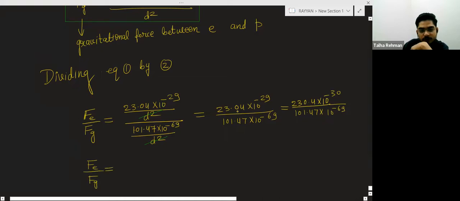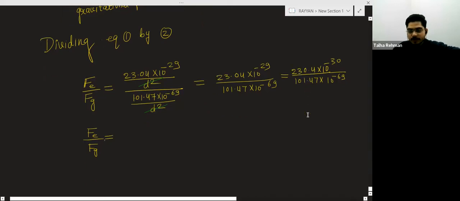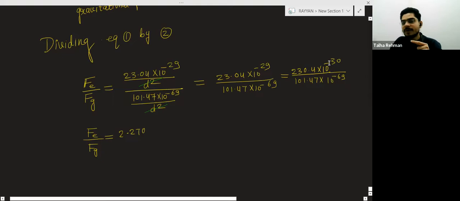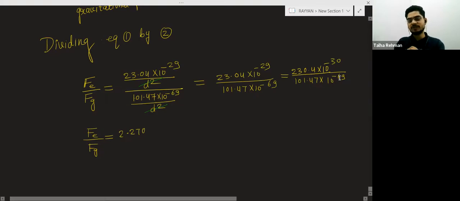When you divide 230.4 by 101.47, you will get 2.270, and this is 10 to the power minus 30. In the divisor there is 10 to the power minus 69. So how will you do the calculation?